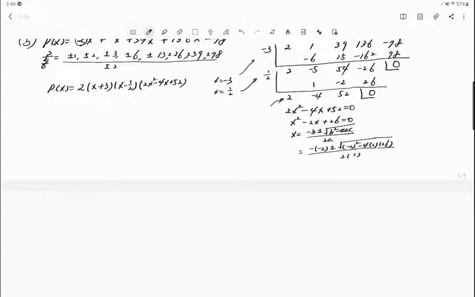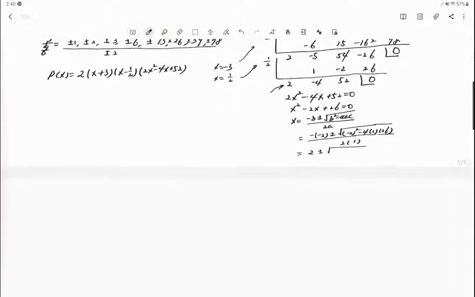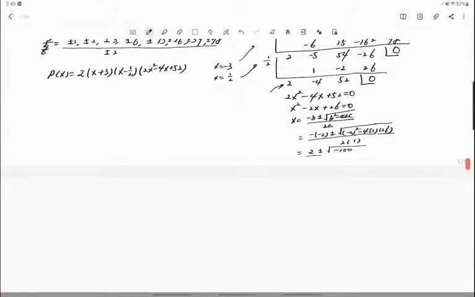All right. Then this is equal to 2 plus or minus square root of 4 plus 104 is, minus 104 is negative 100, over 2.